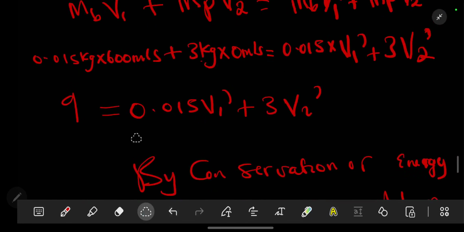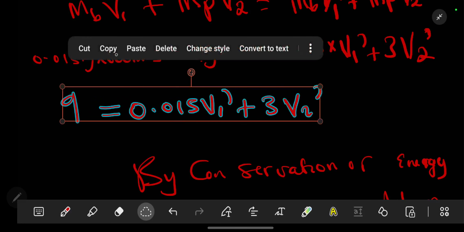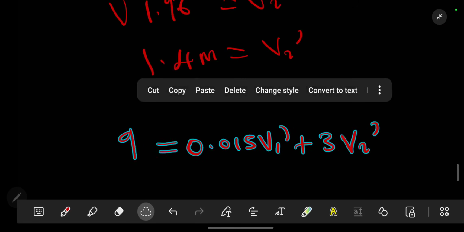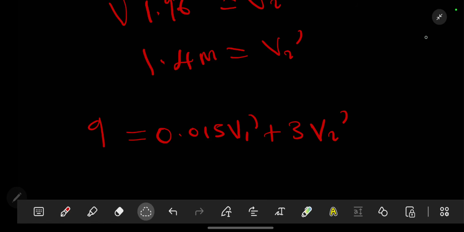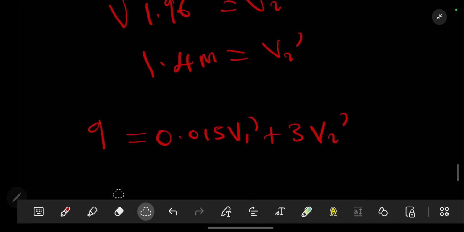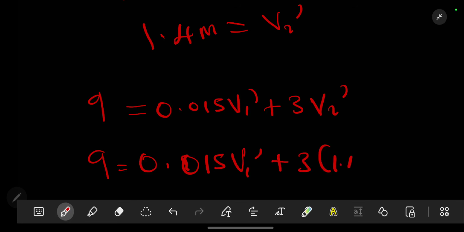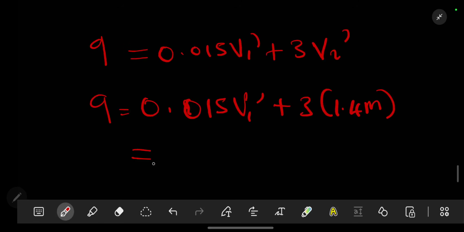Getting this value, we are going to replace in our equation, so we have 9 should be equal to 0.015 v1 prime, plus 3 times our v2, which is 1.4. So we have 9 equal to 0.015 v1 prime plus 3 times 1.4, which gives a value of 4.2.